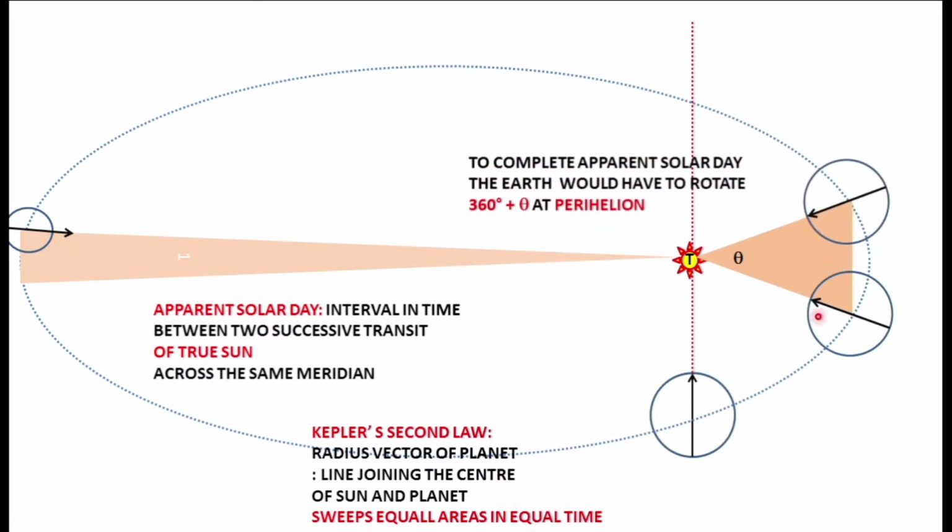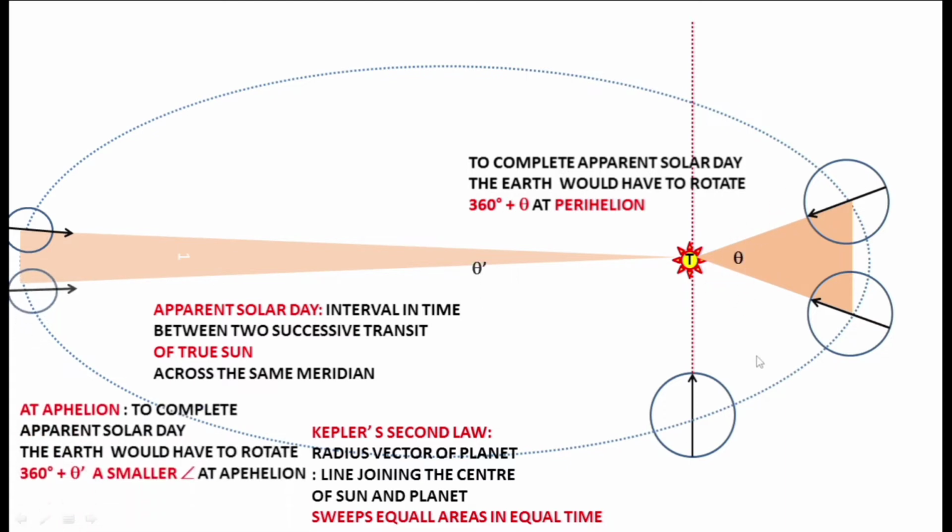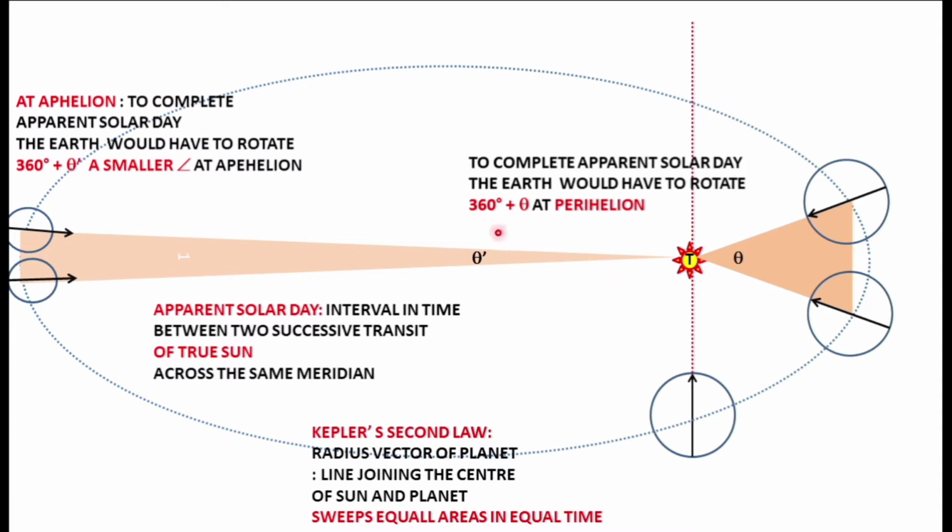Now to complete one apparent day, which we said is when the sun is back on the meridian again, the Earth would have to go 360 degrees plus this angle theta at perihelion, and at aphelion it will have to cover 360 degrees plus this angle, which is a smaller angle than the angle here.